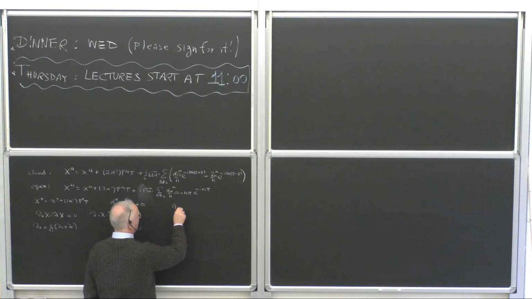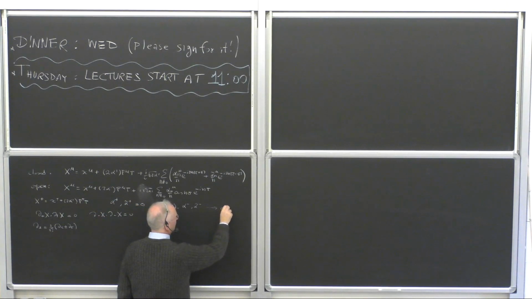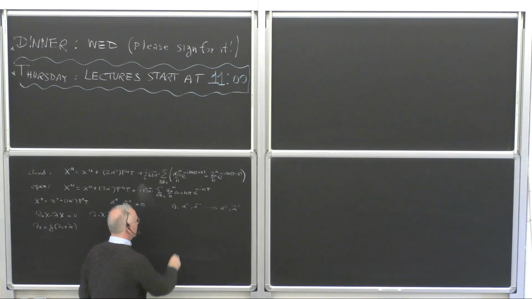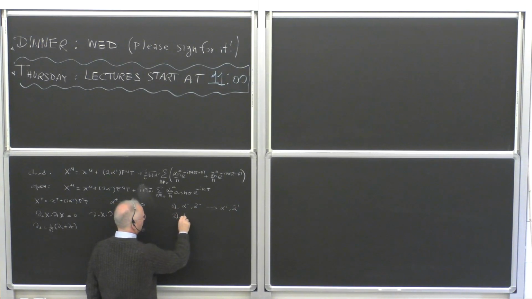The first, they express the alpha minus and alpha tilde minus, or alpha minus only in the open case, in terms of the alpha I and alpha tilde I, respectively. Second, they determine the mass shell condition, so the masses of the string excitations.